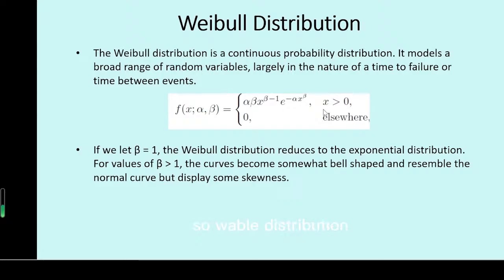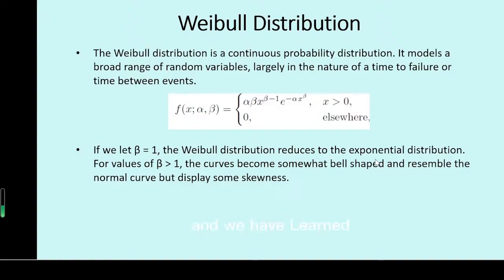So the Weibull distribution is also only for positive random variables. If we let beta equal 1, the Weibull distribution becomes the exponential distribution. So the exponential distribution is a special case of the Weibull distribution.